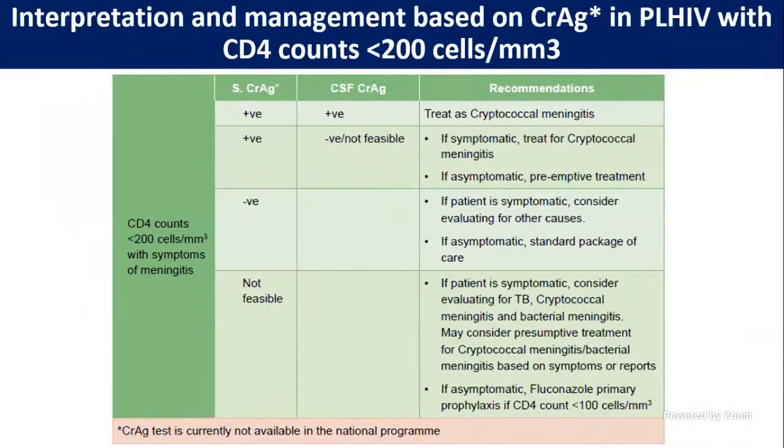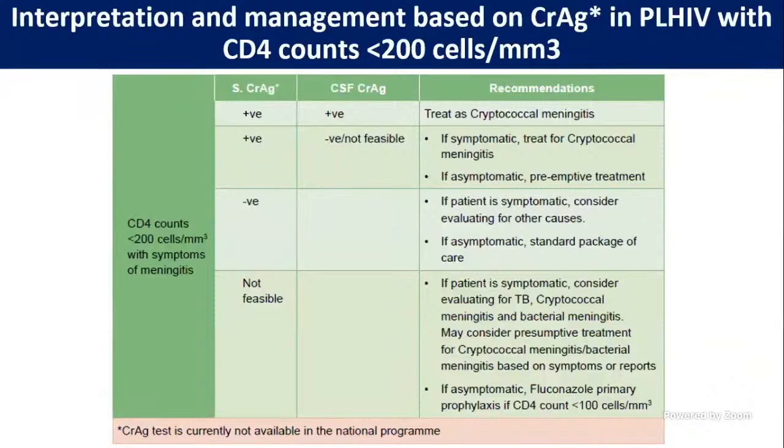So let us see what happens when you do a serum CRAG. All patients with CD4 cells less than 200, you are doing a CRAG. Suppose the serum CRAG is positive, and you have done a CSF also, and the CSF CRAG is also positive, then the patient is treated as cryptococcal meningitis.